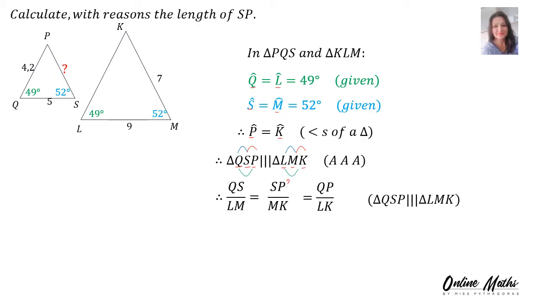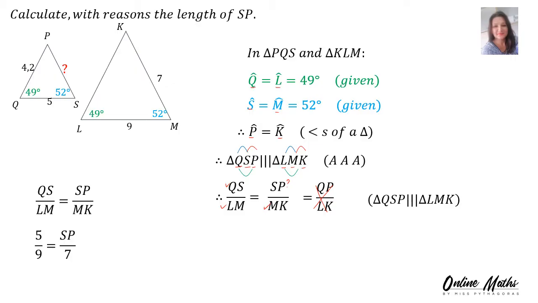Now let's see. We know the length of QS, we know the length of LM, and we know the length of MK. So this is what we're going to use. Now we will substitute. QS is 5 over LM is 9 equals SP is what we're looking for, and MK is 7.